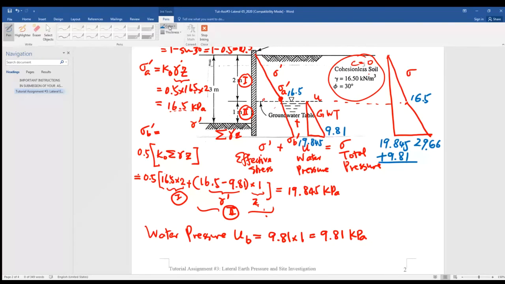So that is the result for your total pressure diagram. Is that okay for you?